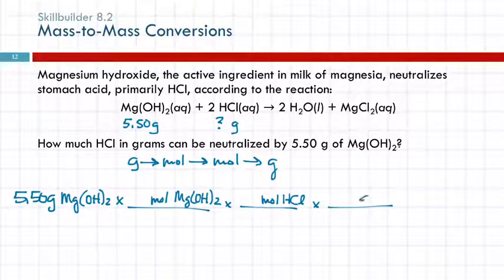And then at the end, grams of HCl. If you need to write the formulas in here, grams of magnesium hydroxide to moles of magnesium hydroxide to moles of HCl to grams of HCl, by all means do that. I'm getting tired of it. My feet hurt. Okay, so I've got my path units on top, and then I fill in the bottom so the units cancel out.